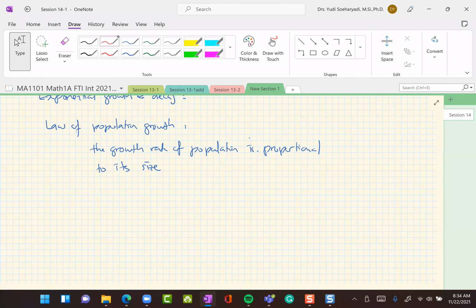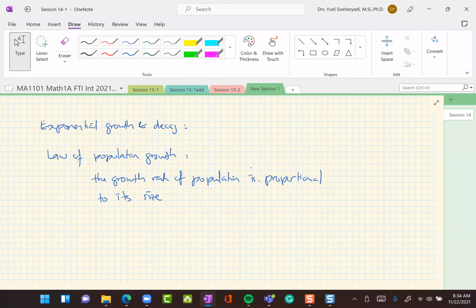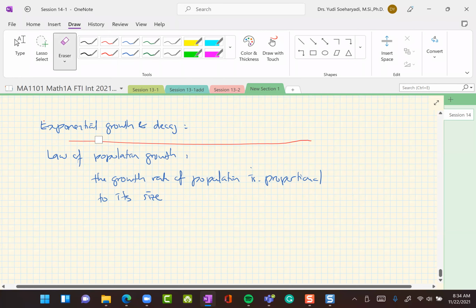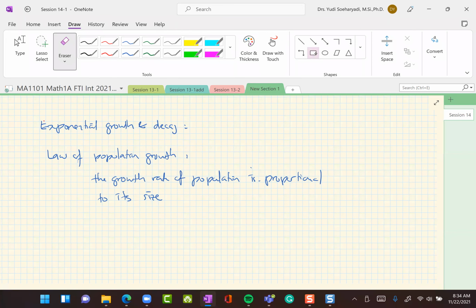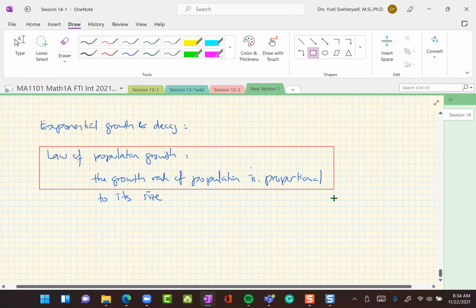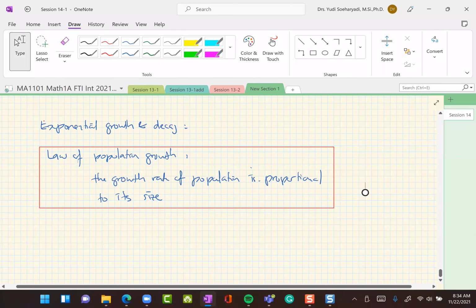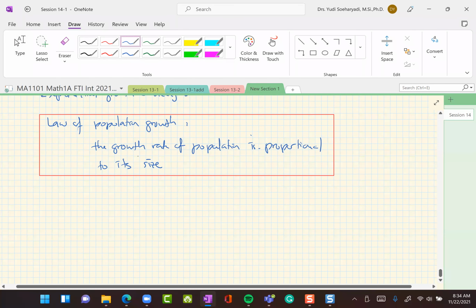So what it says is that, suppose P of t is the population size at time t.